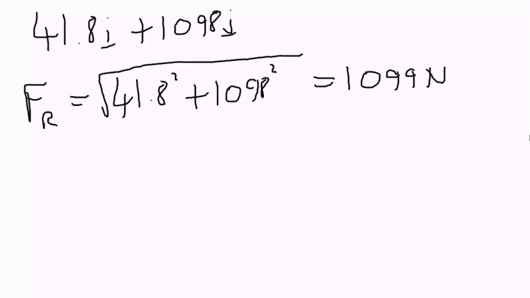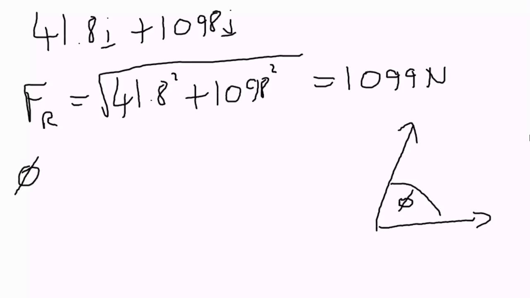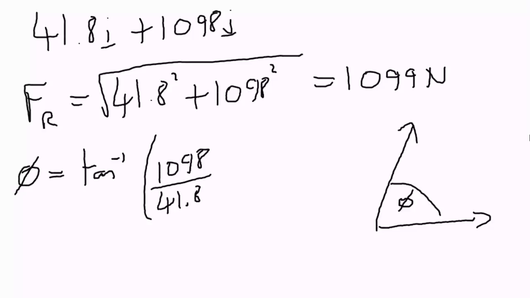The direction, so if you imagine it's going fairly high because there's a lot of y component and not much x. That's your x direction. This angle in here, which we'll call phi, is going to equal, using trigonometry, the inverse tangent of 1098 over 41.8, which equals 87.8 degrees.